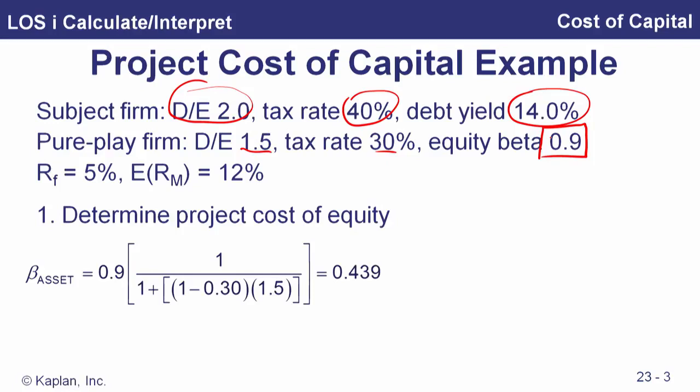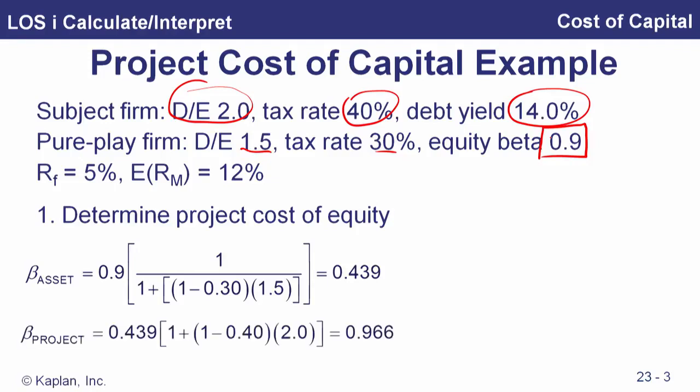But now our firm has some financial leverage, so we're going to re-lever this beta, the asset beta, by multiplying by this, and now it's our tax rate and our debt equity ratio that go in there, and so we get a beta for the project of 0.966.